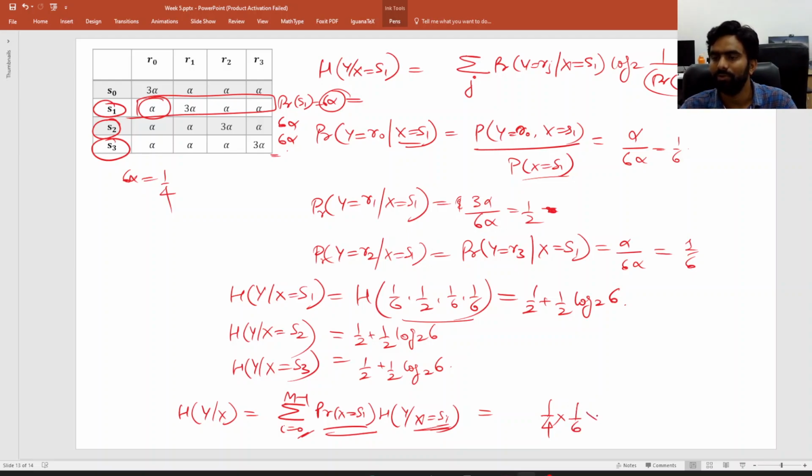Yes, the probability is 1 by 4, and the entropy we have calculated as half plus half log 2 of 6, into 4 times. Clear?